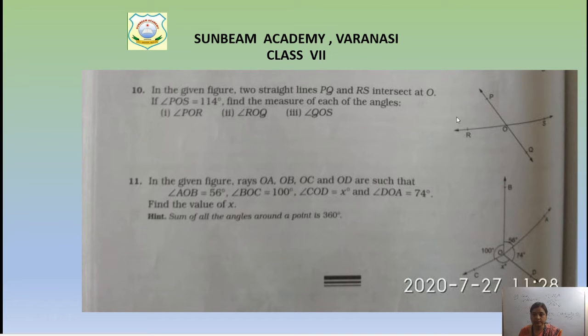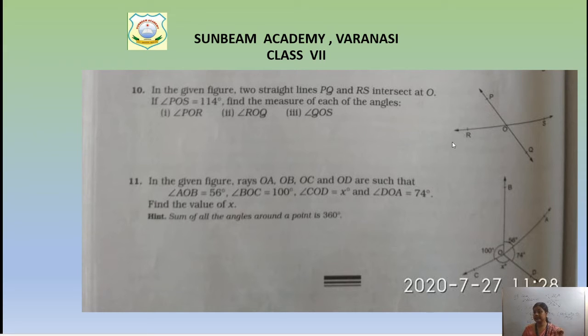Can you see the book? Or just see in your book children. And if you do not have the book right now, see here. PQ and RS, these two are lines and they intersect at a point, and its name is O. POS is given children, one angle they have given, find the other angles.